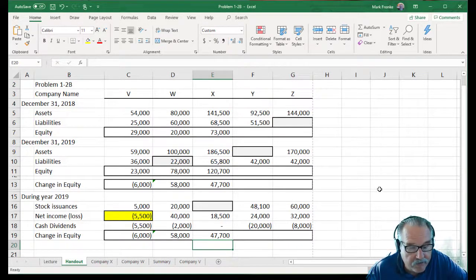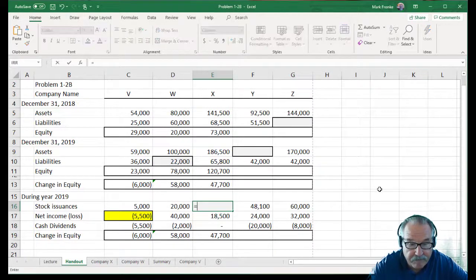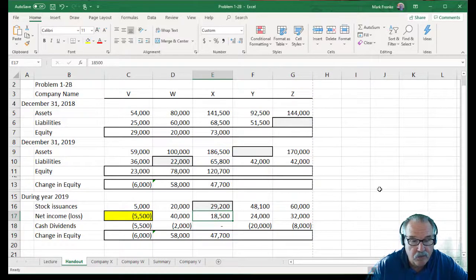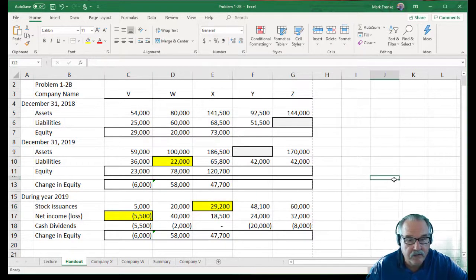They told us that the net income was $18,500. They also told us that there was no cash dividends, so that means that the change in capital or stock issuances had to be the change in equity minus net income, which is $29,200. I'm going to go ahead and make the answers that I need yellow, so they're obvious. 29,200.